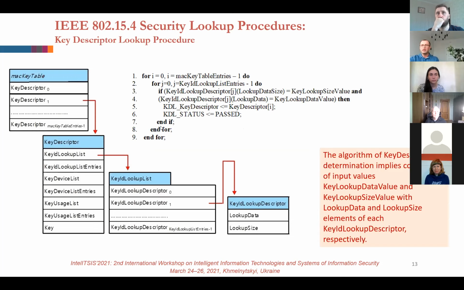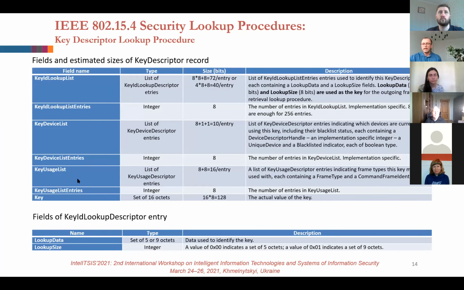We can see here a number of key descriptor entries. Each contains a key and related information. The search should be performed in parallel, so this is the ideal case in these descriptor entries, if it is, of course, possible. On the following slide, we can find a description of the fields and estimated sizes and types of the record.